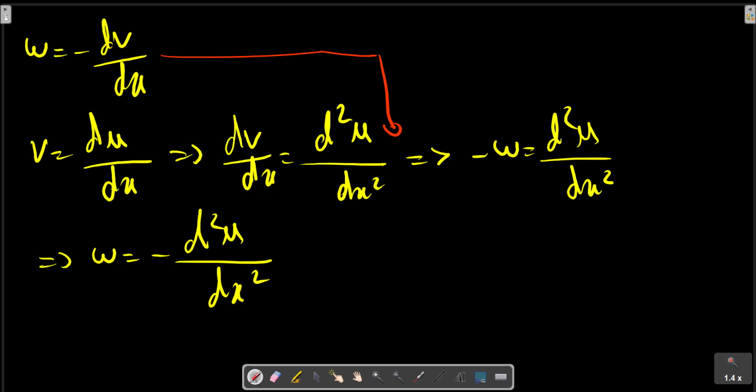If omega is a known function of x, the moment M can be obtained by two integrations, provided that the limits of integration are properly evaluated each time. This method is usable only if omega is a continuous function of x.